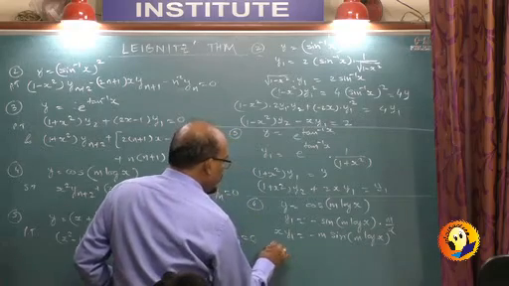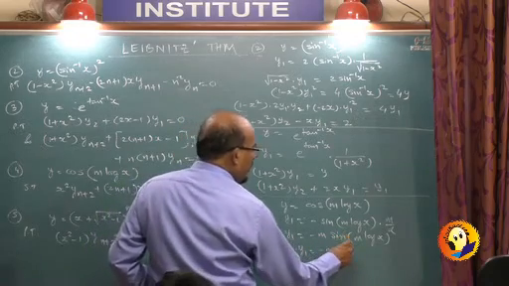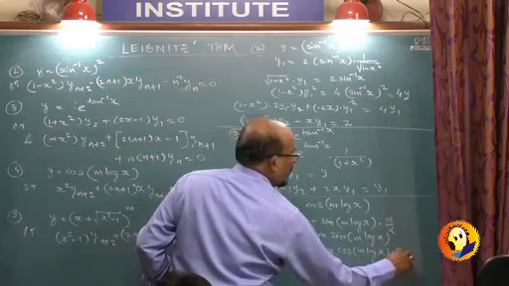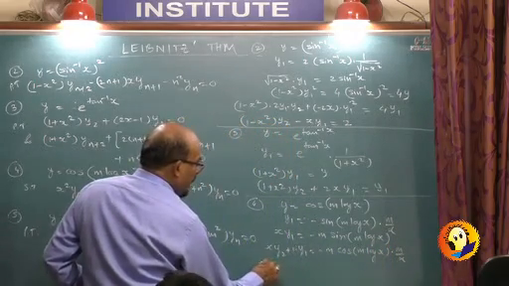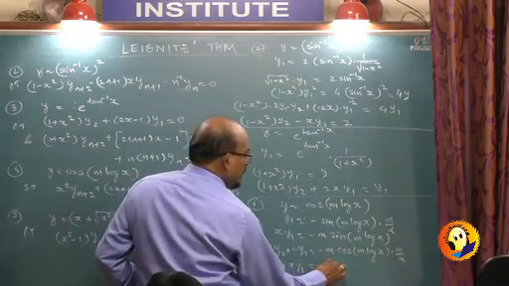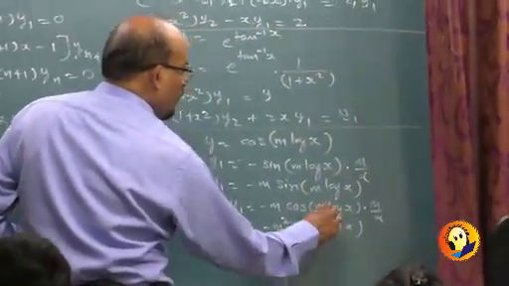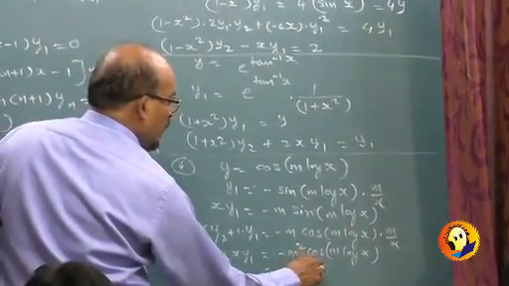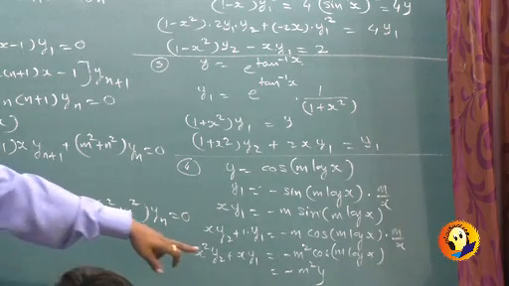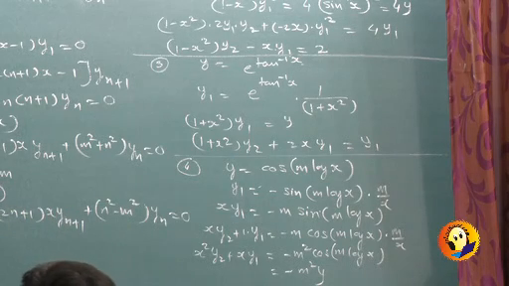We differentiate it again, so it will be x y2 plus 1 into y1 equal to minus m, the derivative of sine is cos of m log x into m upon x. So when you multiply by x, you will get x square y2 plus x y1 equal to minus m square cos of m log x, and cos of m log x is y, so it is minus m square y. So we come till that point, and now we are required to differentiate it again n times.